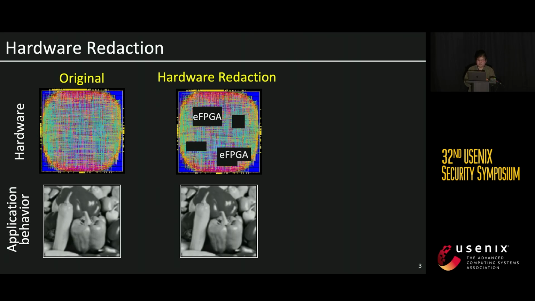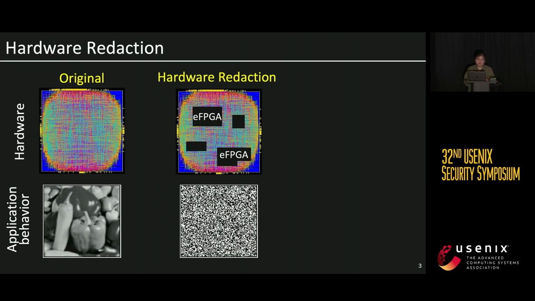However, if the attacker doesn't have this bitstream information, then it will generate this dummy image, and we can't tell any objects from this dummy image.